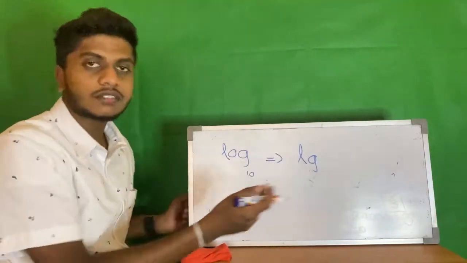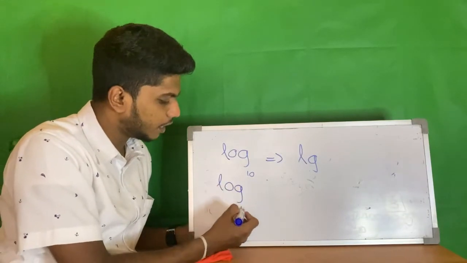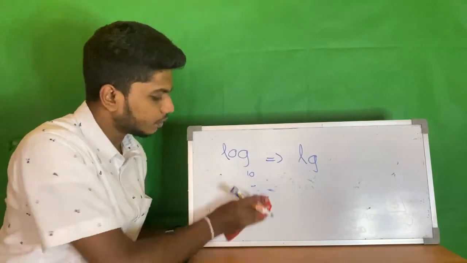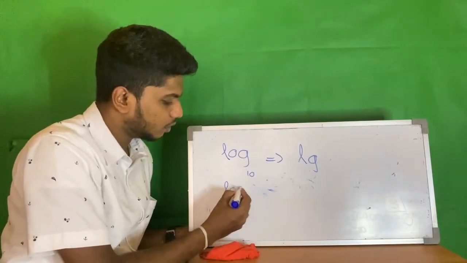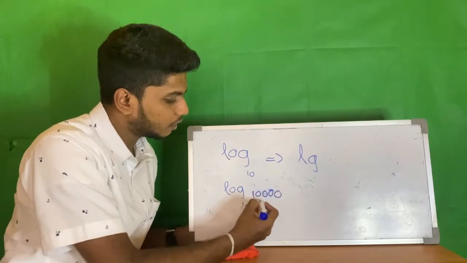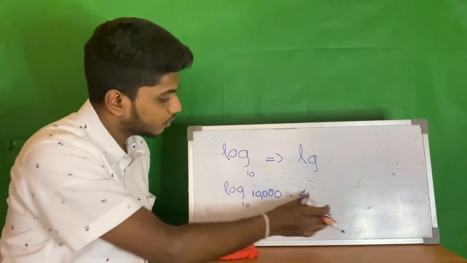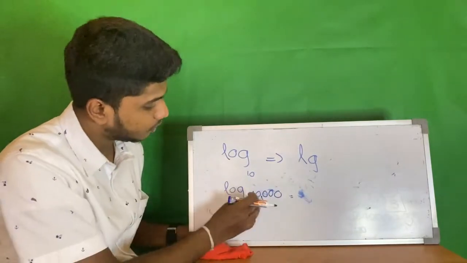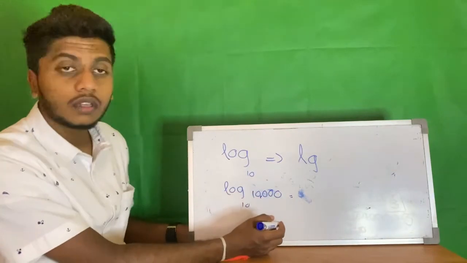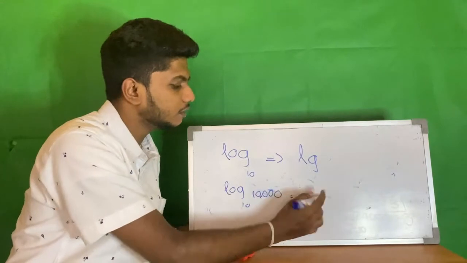So I can write some examples like this. So let's say log base 10 of 10,000 is 4.